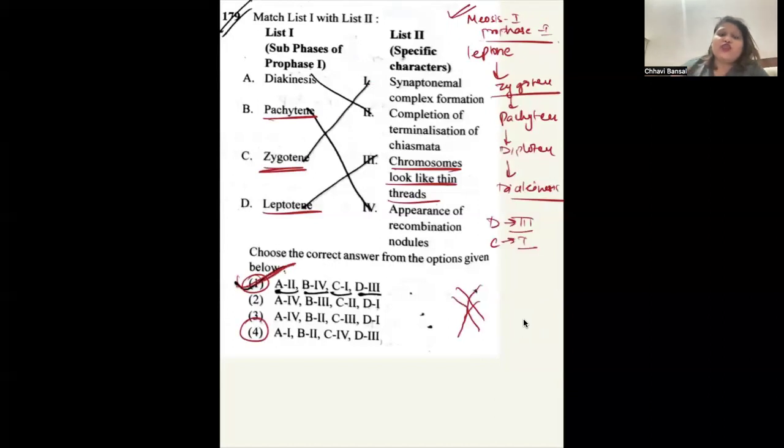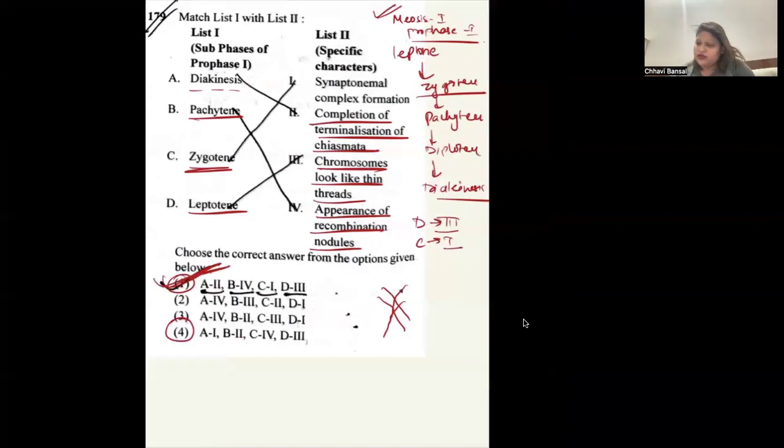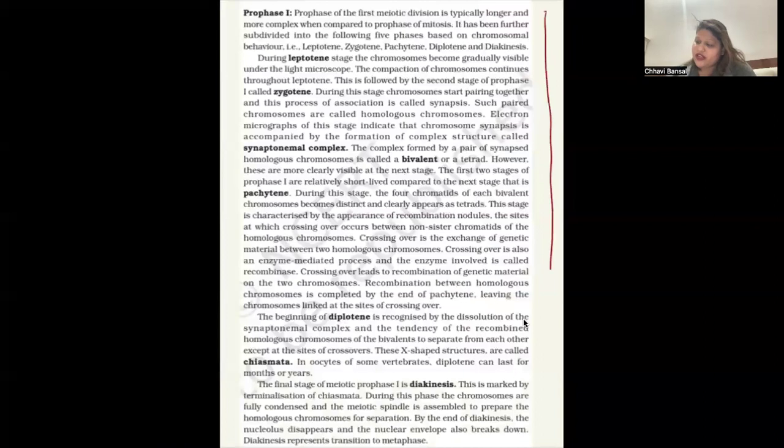In pachytene, the crossover takes place, right? So appearance of recombination nodules. Fine. So the recombination nodules are formed, and in diakinesis, the termination of the recombination takes place by the formation of chiasmata, that is the diakinesis or last stage of prophase 1 of meiosis 1, completion of terminalization of chiasmata. So this proves all the matches are correct in option 1. Clear? These are the stages that are given in NCERT.